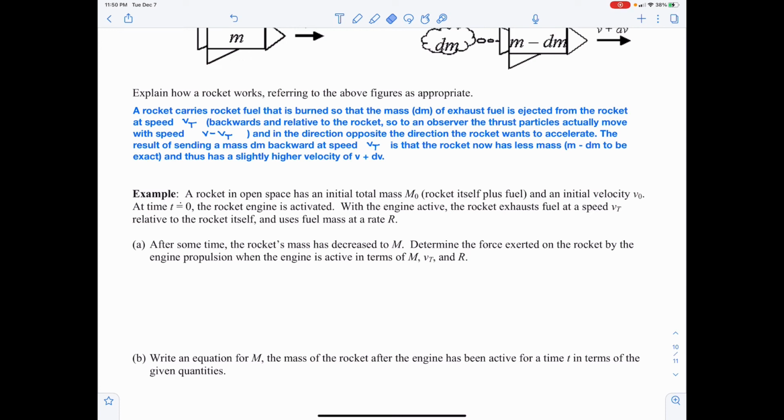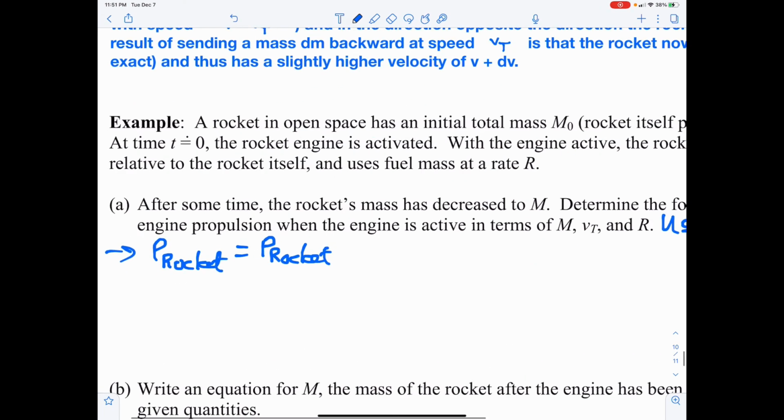Okay, so let's start. We know we're going to be using conservation of momentum here. Total initial equals total final. So the initial momentum of the rocket is mv, and afterward it's the momentum of the rocket after thrust, plus the momentum of the thrust.